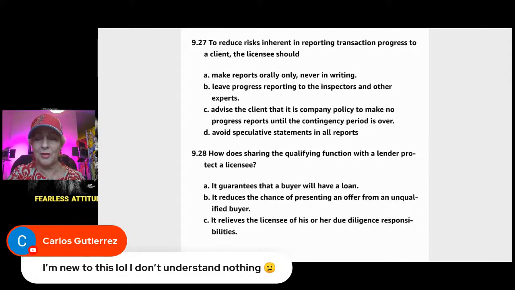Oh, this is a different Gutierrez. Carlos. Okay, you're new to this. So on here, we review national questions, Carlos, which applies to all 50 states. So not sure which state you're in. You could type it in the chat. And it says, I know nothing, right? That's why you're here. You're showing up. And that's what's important. Hi, Fabiola.